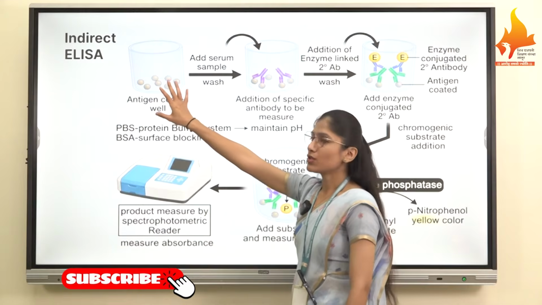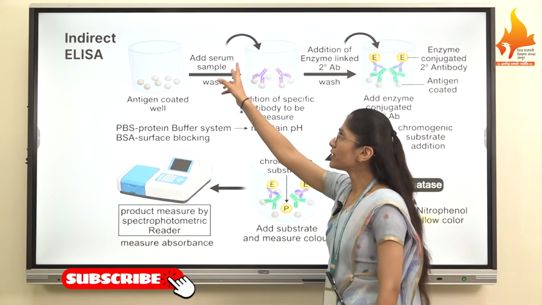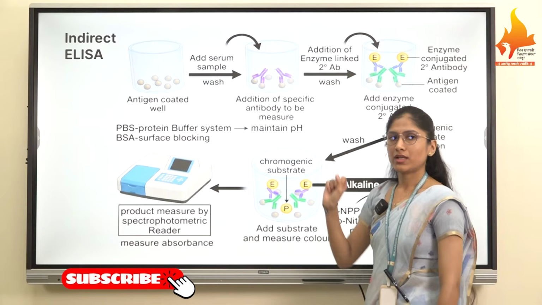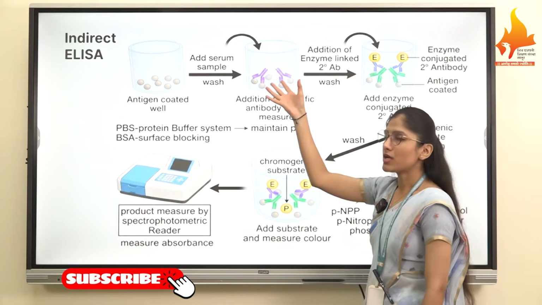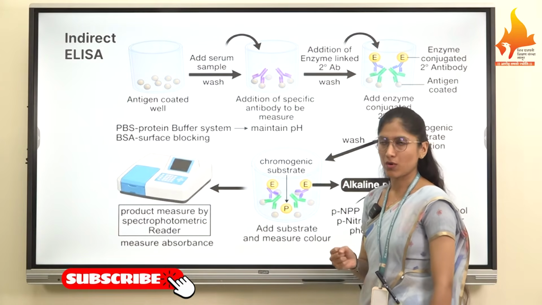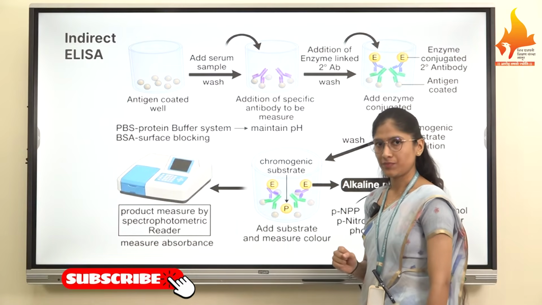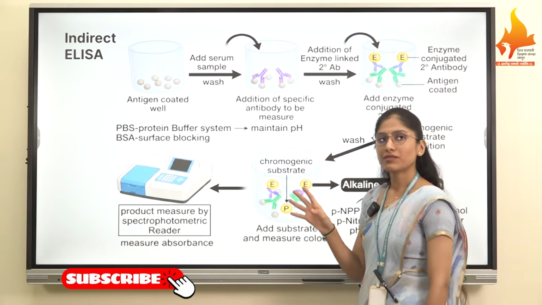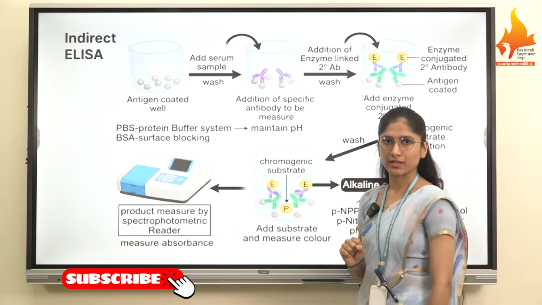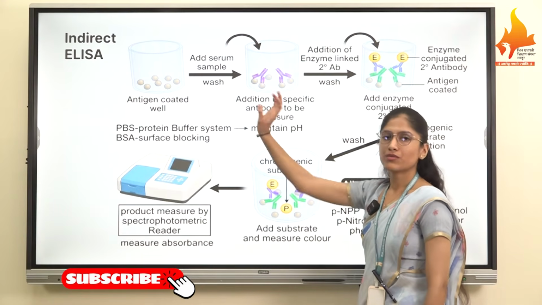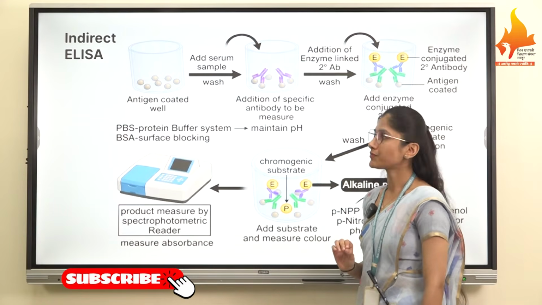So this is an antigen coated well. Then we add the serum sample. Washing is required because some unbound antigens or antibodies are present in the microtiter well, so for the removal of the unbound antigens or antibodies, washing is required. For the washing, we use the washing buffer.